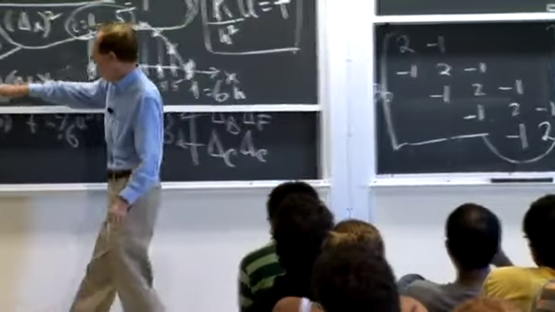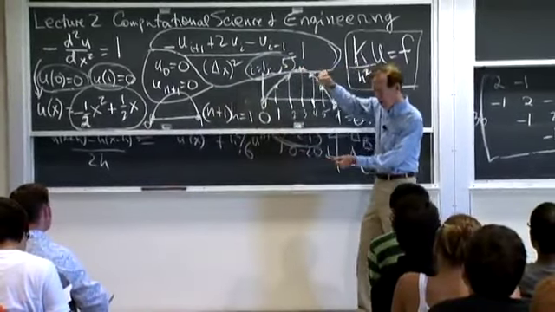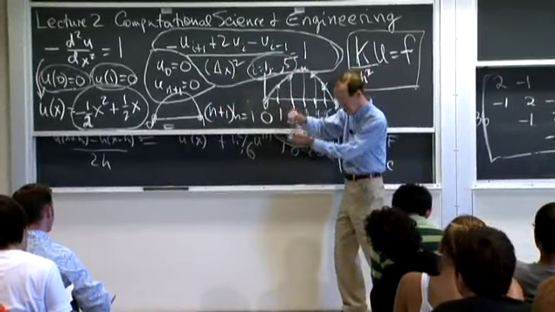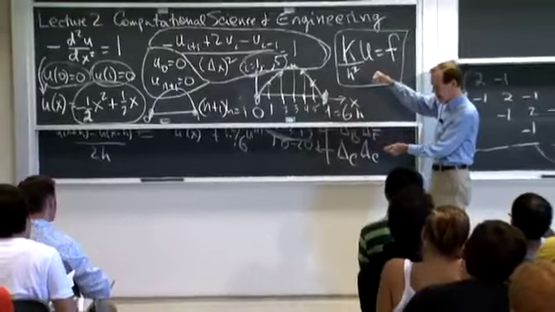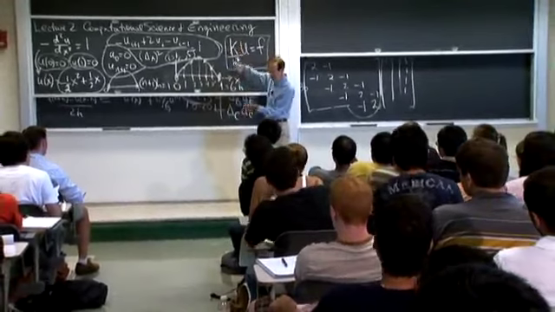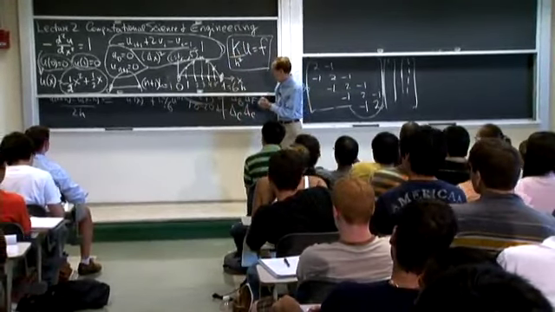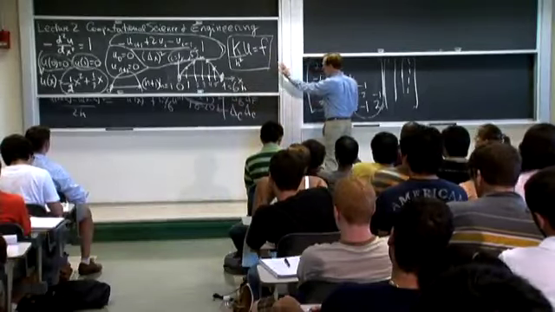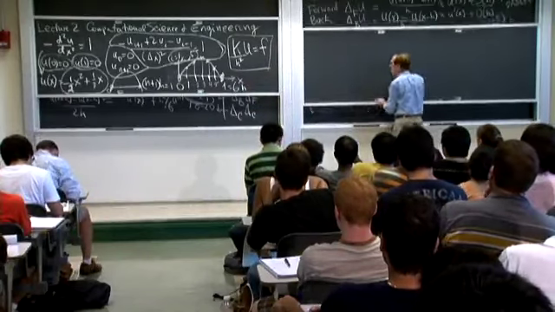So if this problem was like having an elastic bar hanging under its own weight, and these would be the displacements of the points on the bar, and fixed at the ends, now I'm freeing up the top end. I'm not making U0 zero anymore.